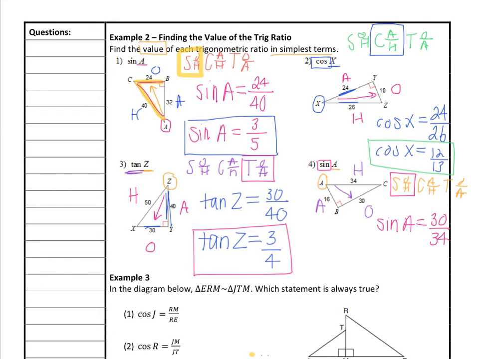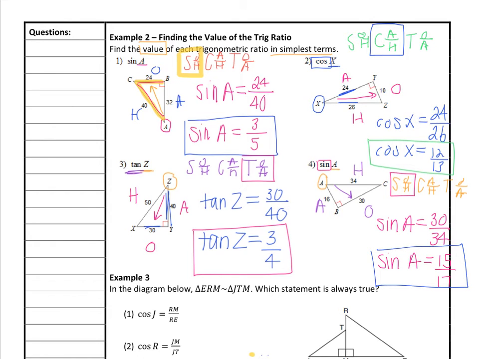And again, it said in simplest terms, so make sure you simplify your answer. So if we type it in our calculator, 30 over 34, we're going to notice that they both can be divided by 2. So our final answer here would be 15 over 17, and we're done. So this is the first step in setting up trig ratios.